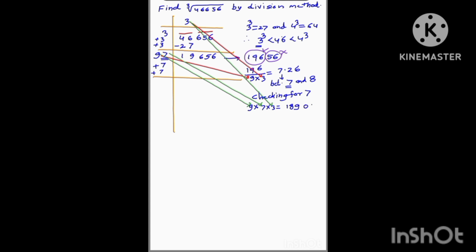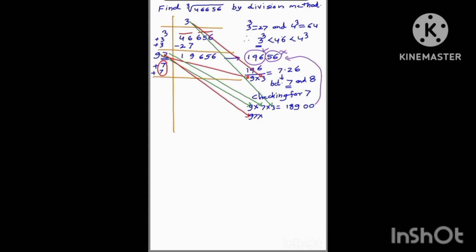It is 189, and we are adding two zeros, as we have neglected the two digits, so we are compensating by taking two more zeros. Okay, the check is not yet over, so we are taking 97 into 7 into 7, the two 7s which we have taken below 97.